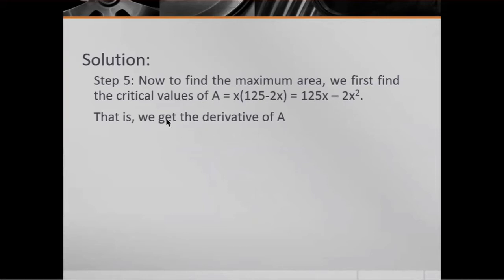And then we get the derivative of A. So ang A prime natin, ang derivative ng 125x ay 125. Then minus 2x squared, derivative ng negative 2x squared ay negative 4x.